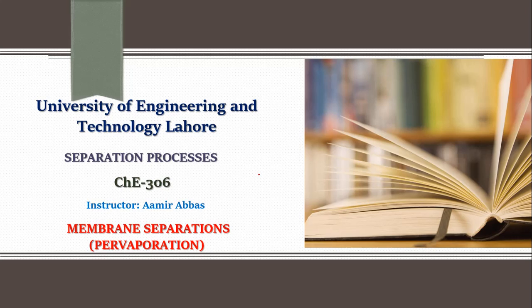Then in the last lecture we discussed membrane application for gas permeation, in which we studied that membranes can be applied for separation of various gases. We discussed that porous and non-porous both membranes can be used, but it's better to use non-porous or dense membrane, because mostly gases have small diameter and it is difficult to separate them with size exclusion.